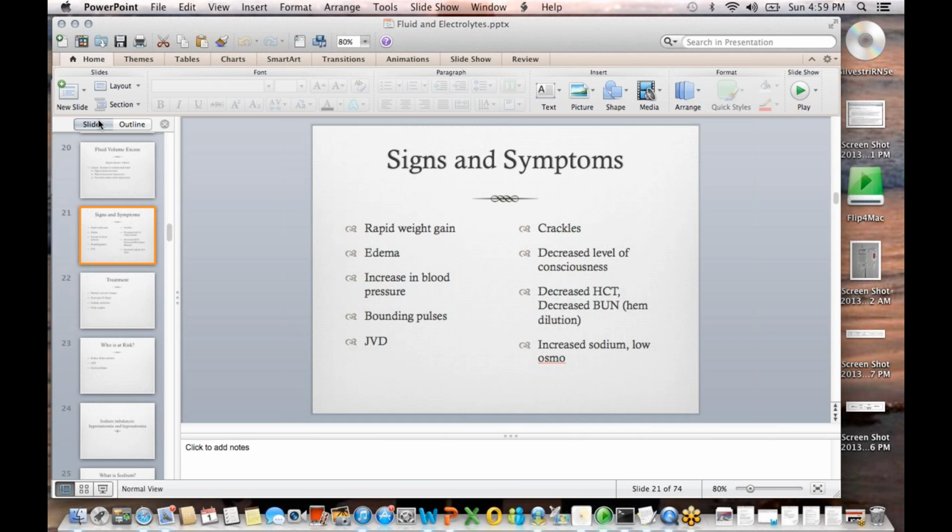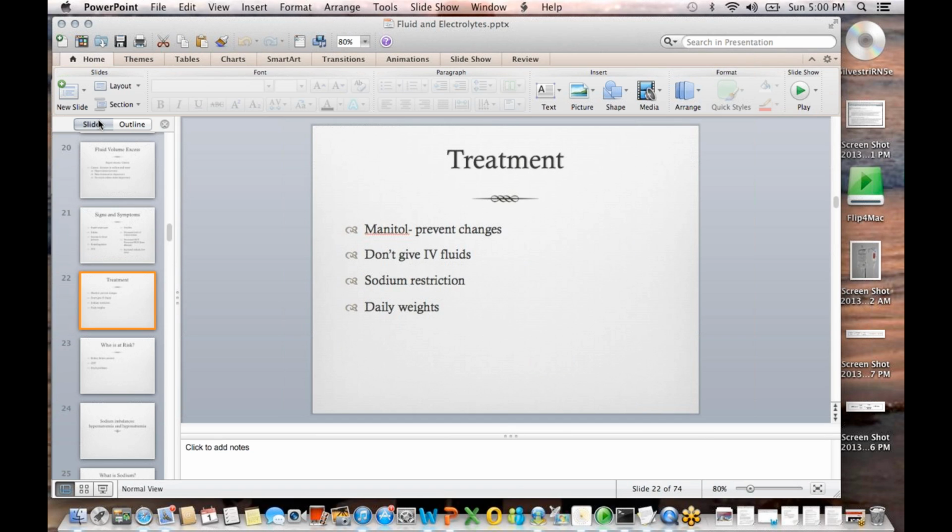It's important to understand it can cause dilutional hyponatremia, which we'll go over when we talk about sodium imbalances. For treatment of fluid volume overload, we can give diuretics. You don't want to give IV fluids, obviously. Then sodium restriction, because more sodium will help retain more water, and daily weights to monitor the progress of treatment. If you're diuresing them, you want to see how much fluid they pulled off.